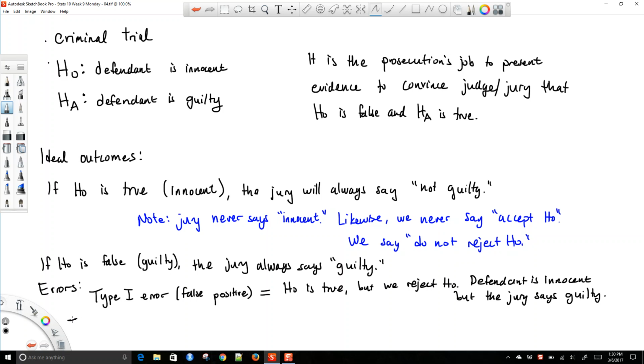All right. The type 2 error. What is the type 2 error? This is the false negative. The null hypothesis is false, but we do not reject the null.